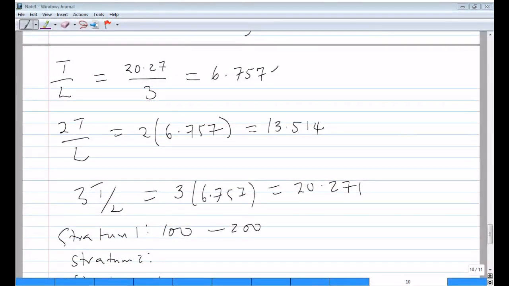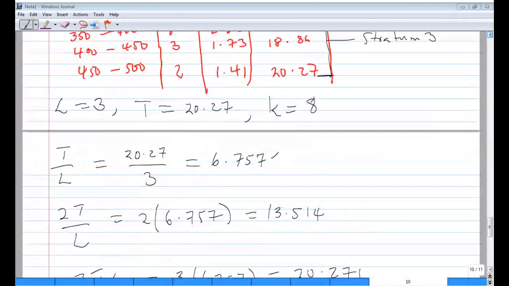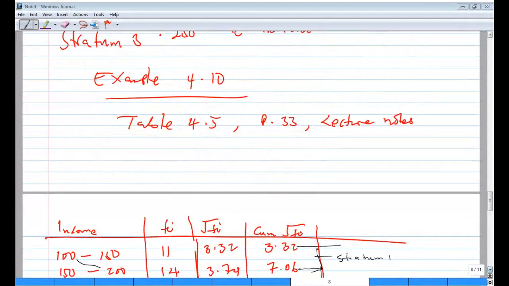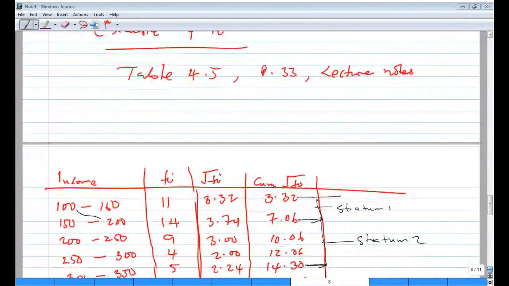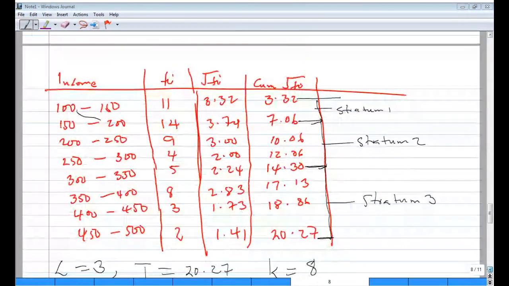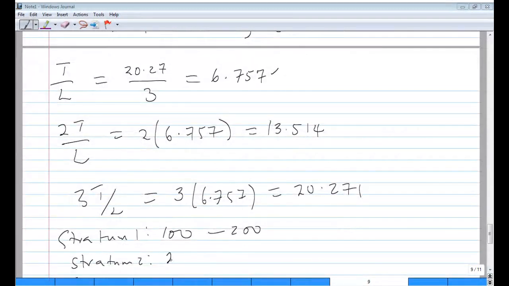Okay, there's number 2. Obviously, it's going to start from 200 to 350.